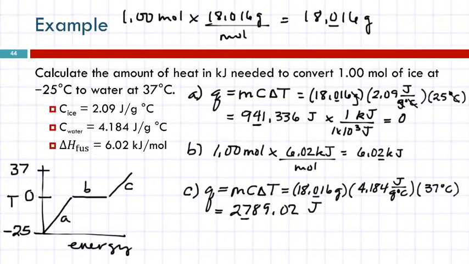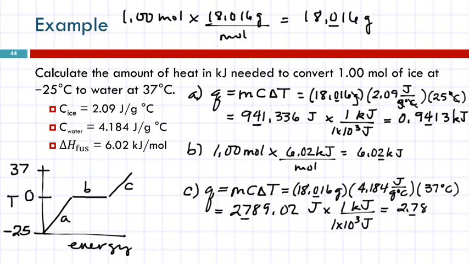So this is going to be 0.94. And I'm only going to keep 2 extra digits, get rid of the rest of those, kilojoules. And down here we're doing the same thing, times 1 kilojoule over 1 times 10 to the 3rd joules. And so this is going to be 2.789 kilojoules.